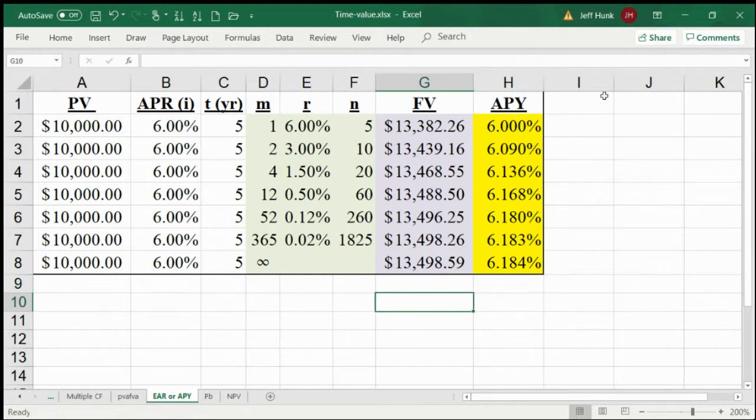Now, let's go back to the slide one more time. Take a look at the title: effective interest rate, APY / EAR. What does that EAR mean? That stands for equivalent annual rate.